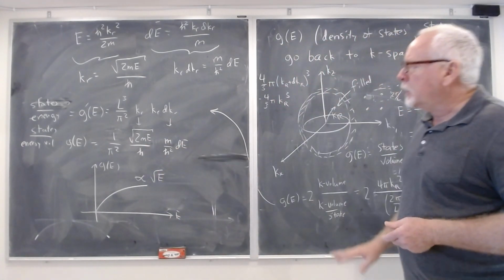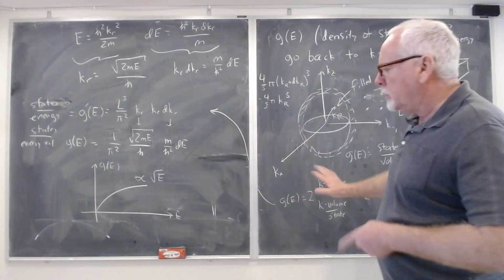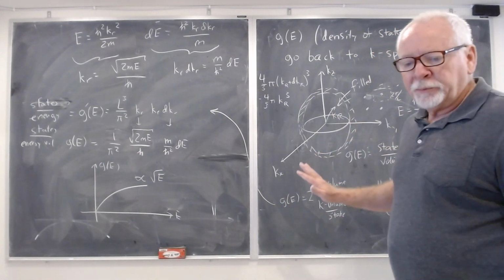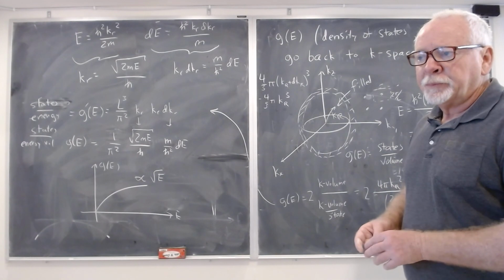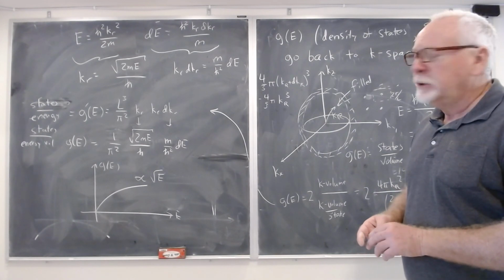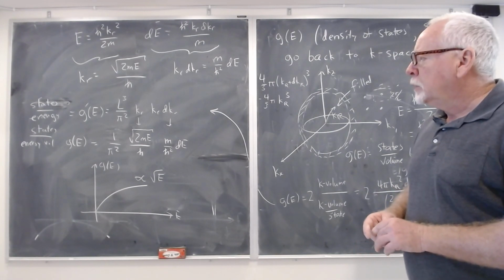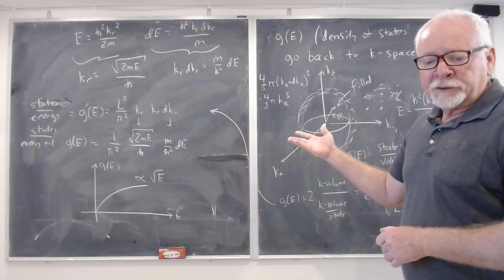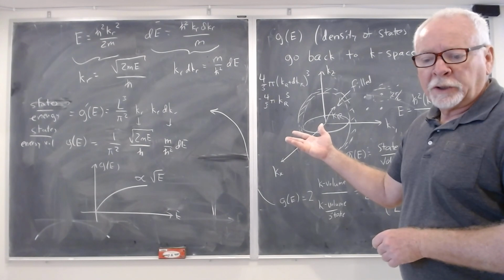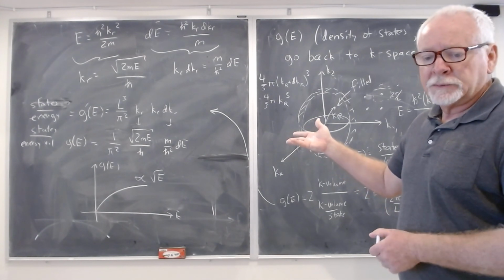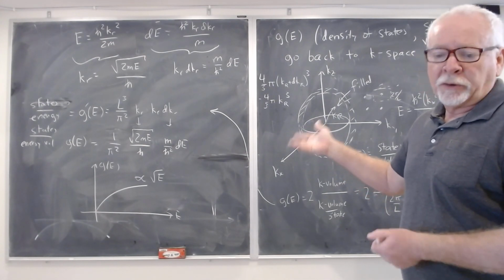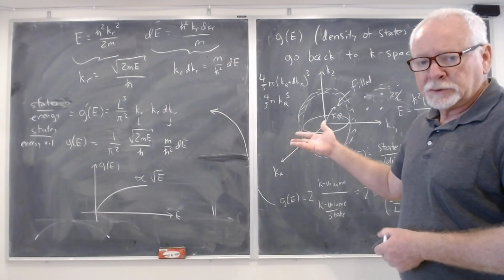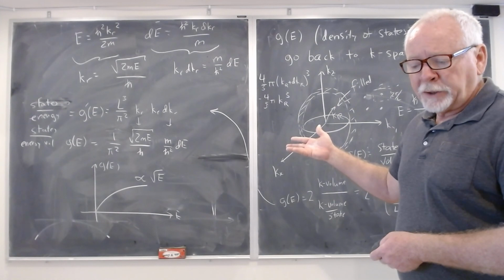So next time we'll review this a little bit in the context of drawing K space with regard to bands, and I'll figure out how to do that best. And then we'll do that integral of G of E times F of E, and calculate what n is. And then we'll calculate what p is, and we'll show that their product is always a constant. Okay, so that'll be in the next lecture.